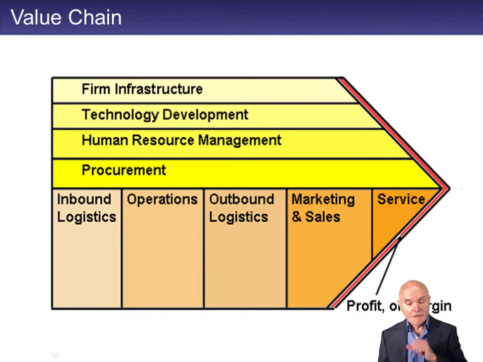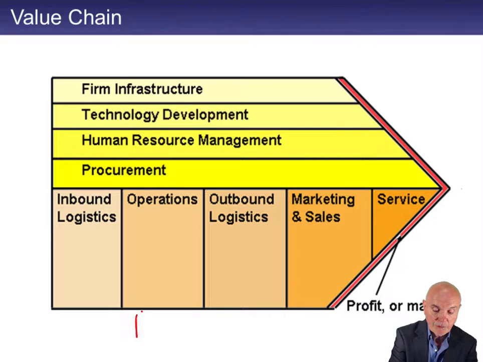Now, what Porter said was essentially that the activities of an organization can be spread over these 9 different areas here. The ones along the bottom, starting with your inbound logistics, those are what's known as the primary activities.